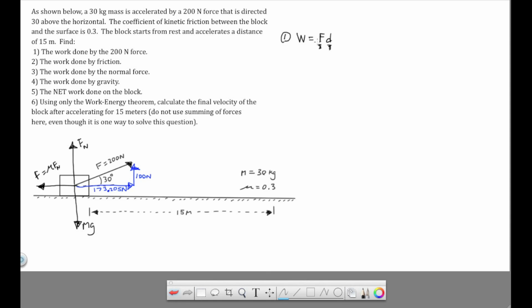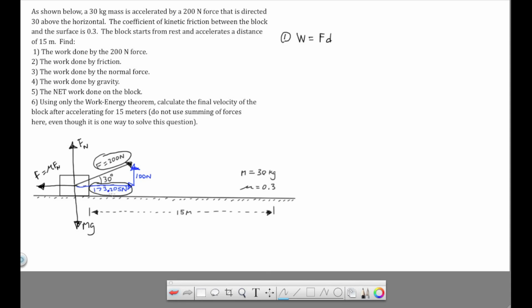The force has to be parallel to the direction of motion. So when we're solving for the work done by this 200 Newton force, we actually want to be using the component of this force that's parallel to the motion, which is this 173 right here.